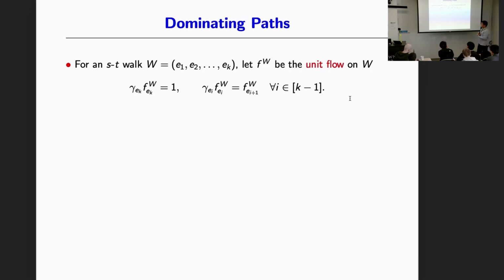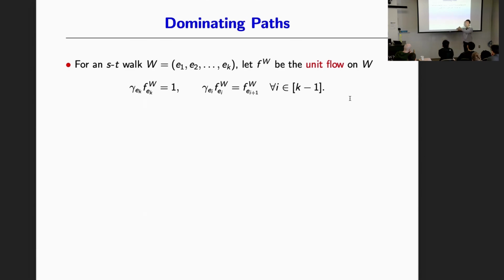So suppose I give you an ST walk. I'm going to use FW to be the unit flow on the walk. By unit flow, I mean that the walk ships 1 unit of flow to T. So you can deduce the flow on every arc, starting from T. We know that we need to ship 1 unit of flow to T, so on the last arc, this equality should be true.